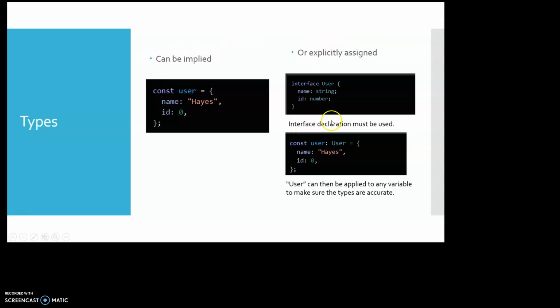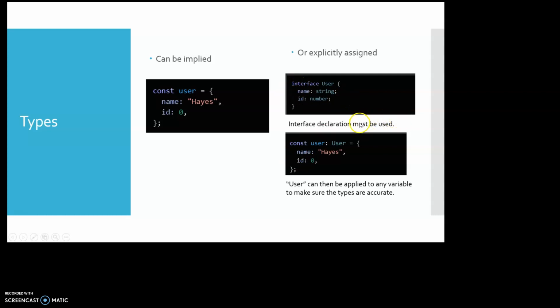You use the interface declaration here to apply it to a value, and then you can use said value for like another variable or something. So in the example here, user is assigned to hold the string and a number to the value's name and ID.